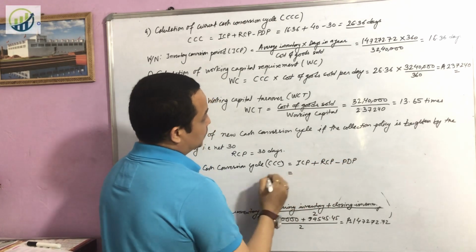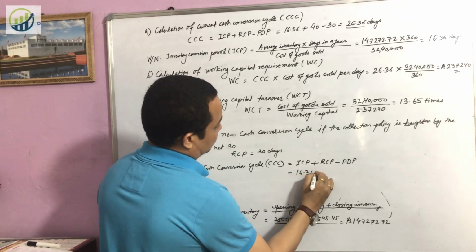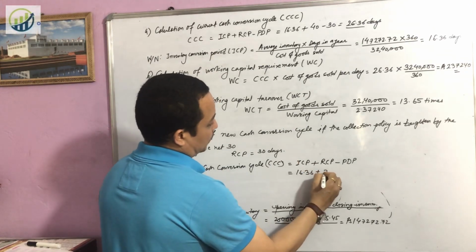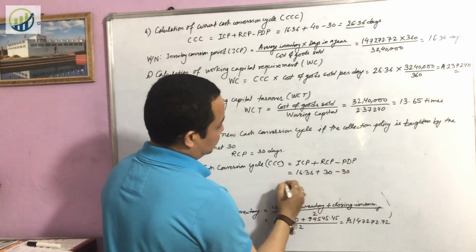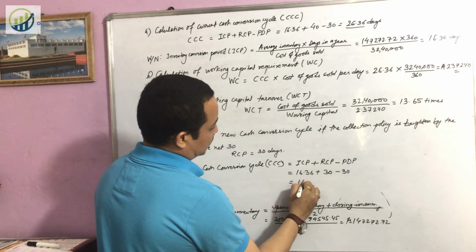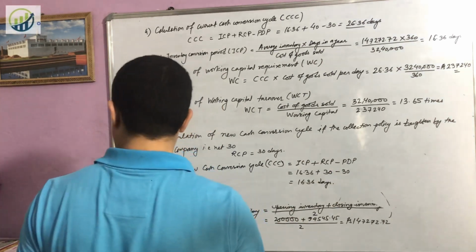So inventory conversion period is here 16.36 plus receivable conversion period 30 days minus payable deferral period, also 30 days. So that will be your 16.36 days. So in this way you have to find the new cash conversion cycle.